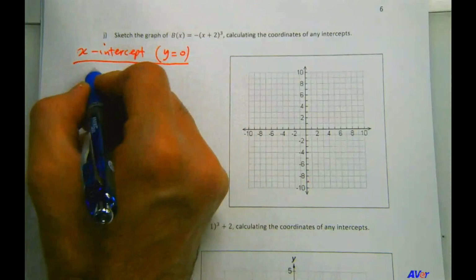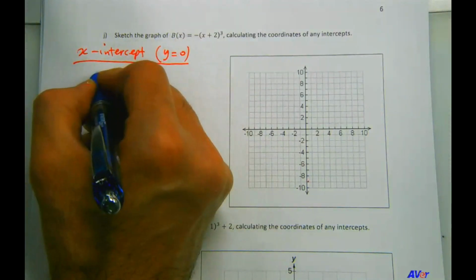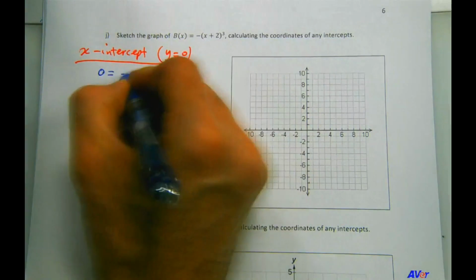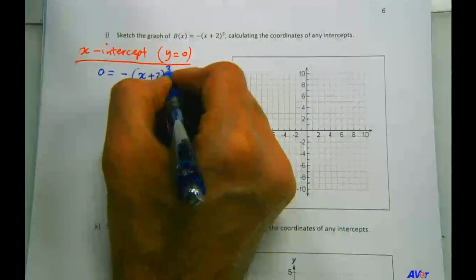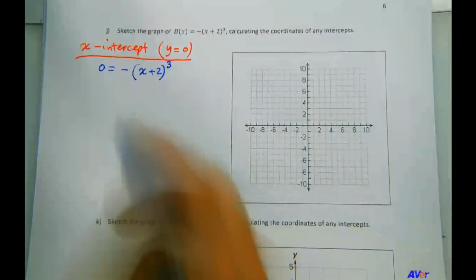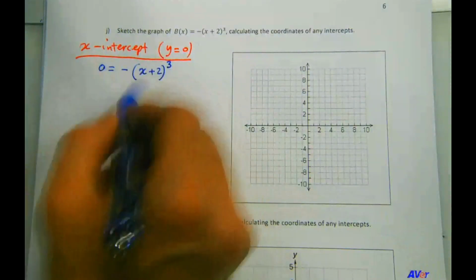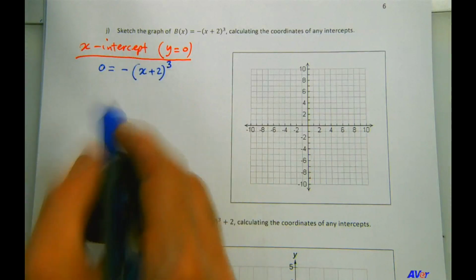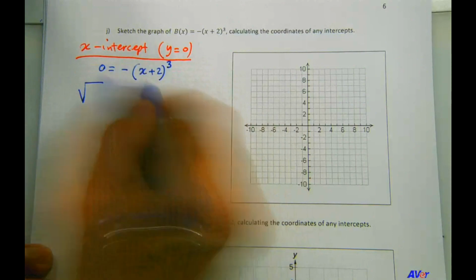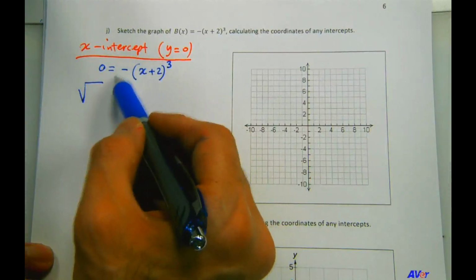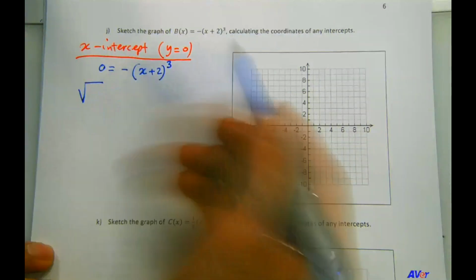So we have 0 equals minus x plus 2, cubed, right? Now let's take the cube root of both sides. Or, you can divide both sides by negative 1.